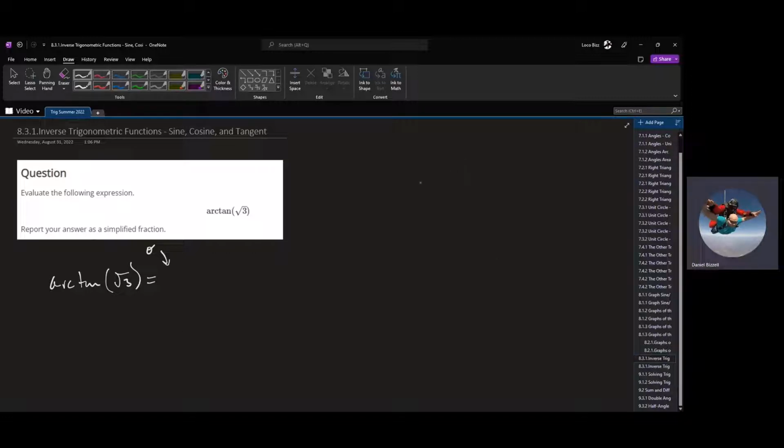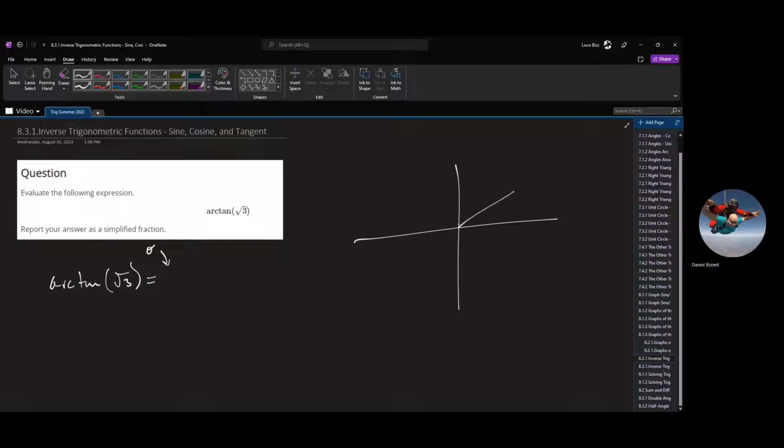So to figure that out, we need to know where on the unit circle that tangent is equal to square root of 3. So let's look at the first quadrant.